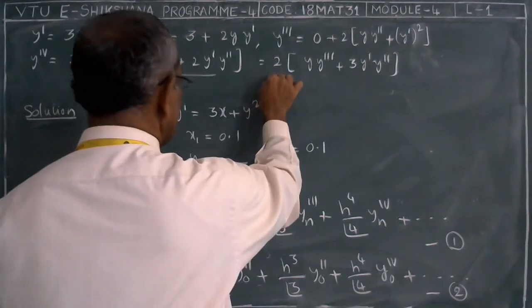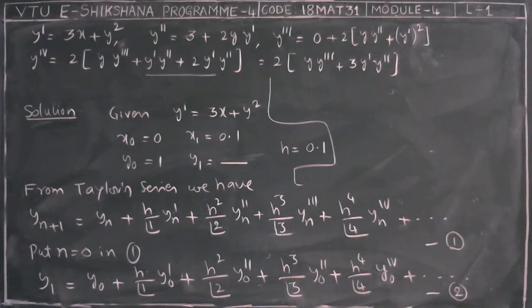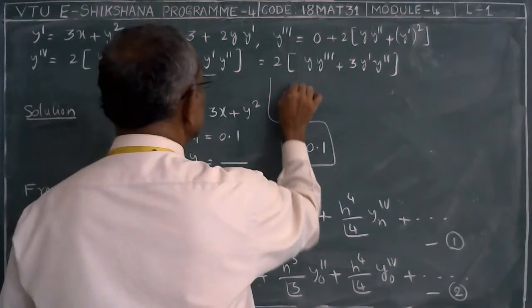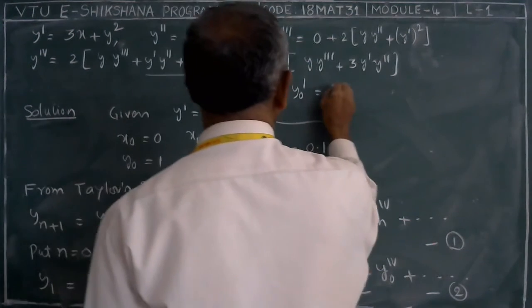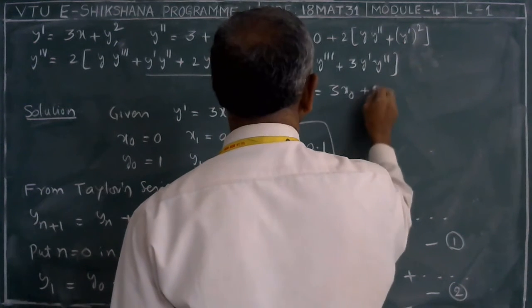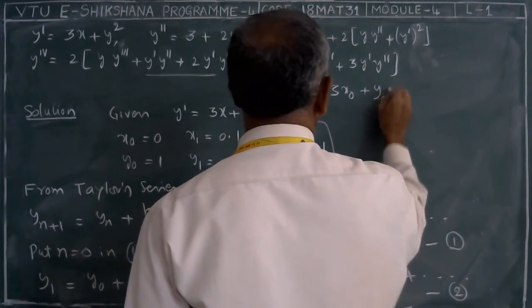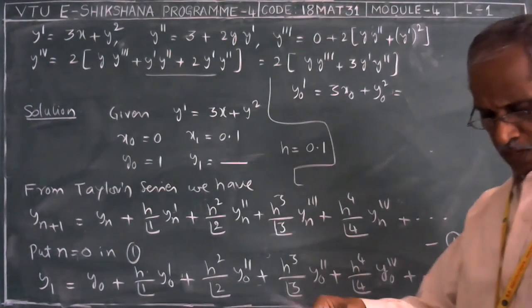Now let me calculate these derivatives at x equal to x naught. So y naught dash is 3 into (x naught plus y naught square).